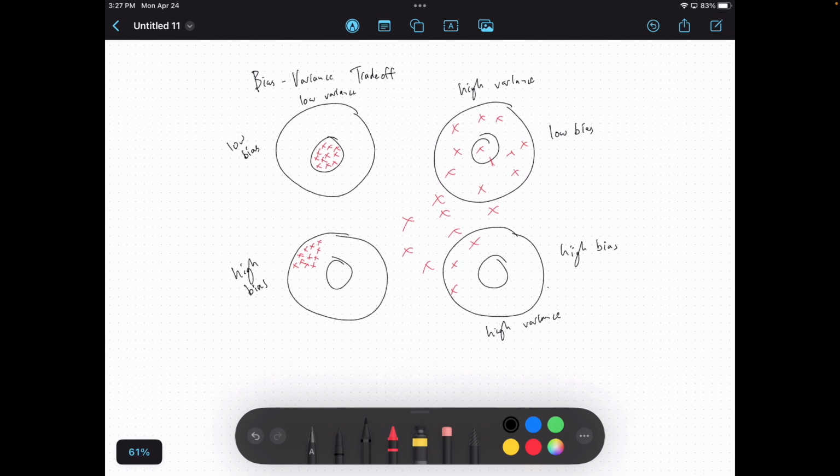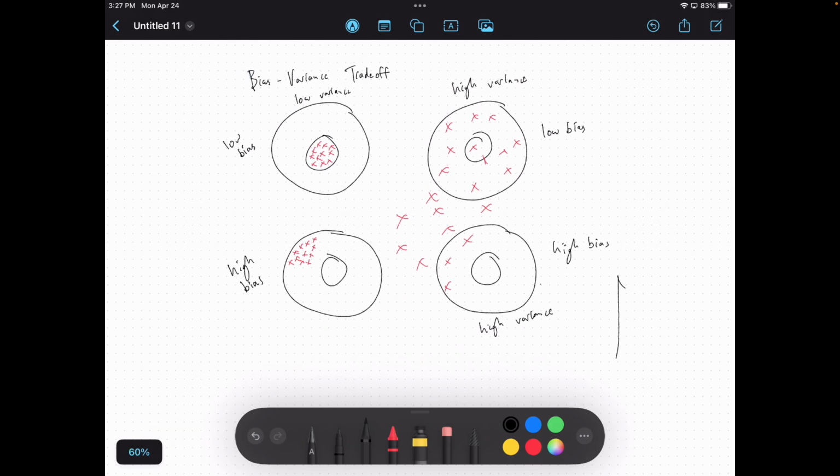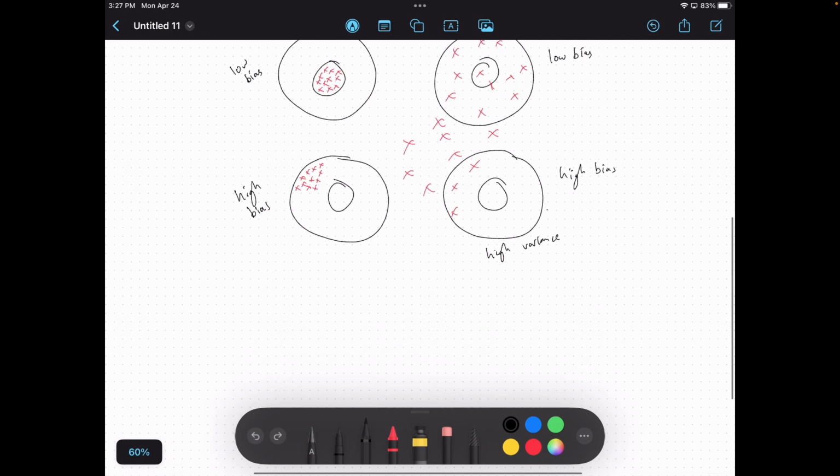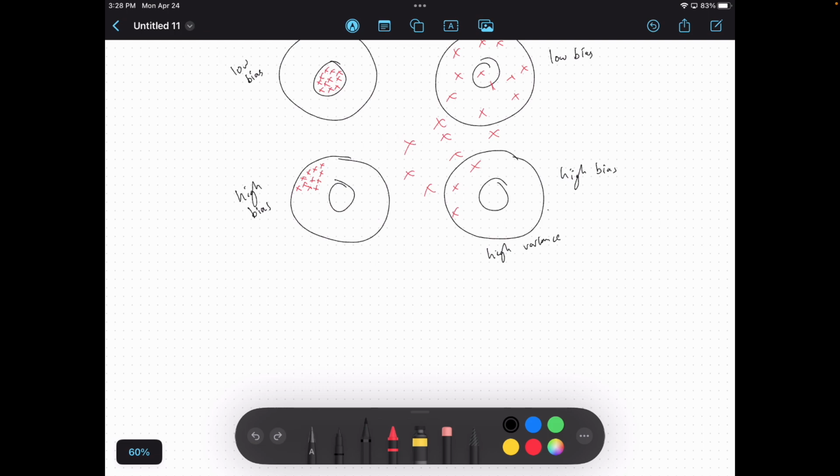And our error is equal to bias squared plus variance plus noise.